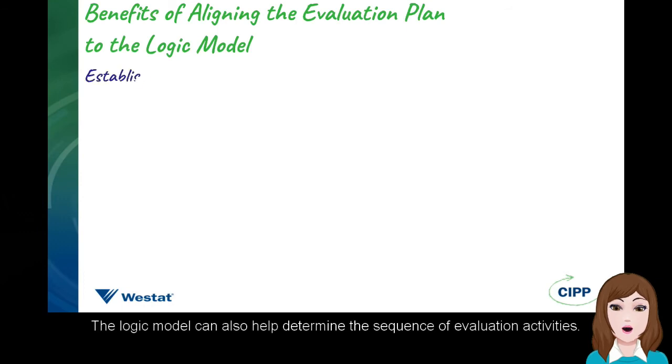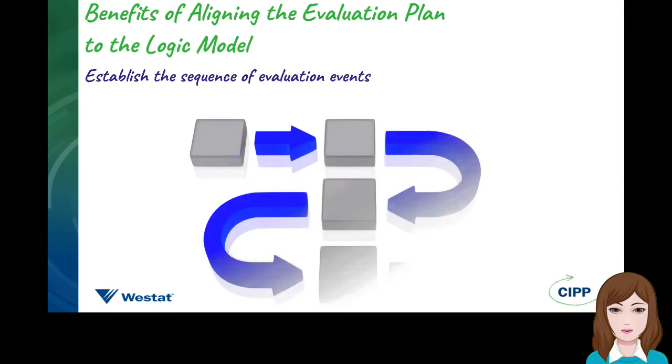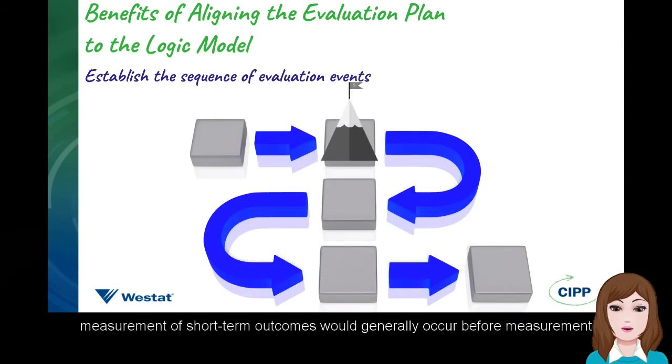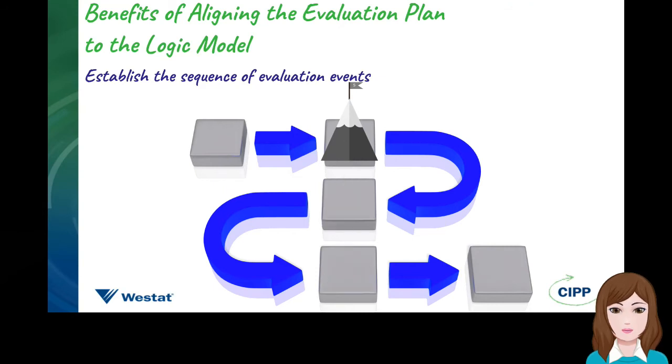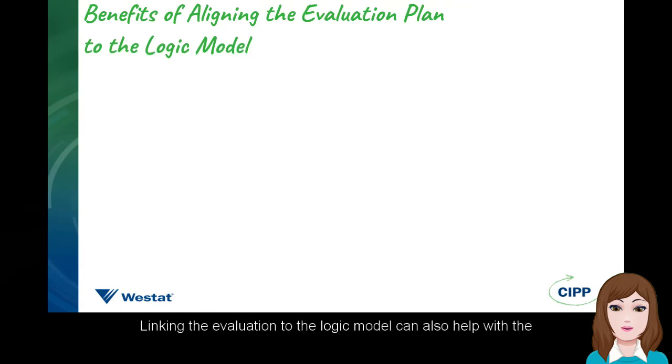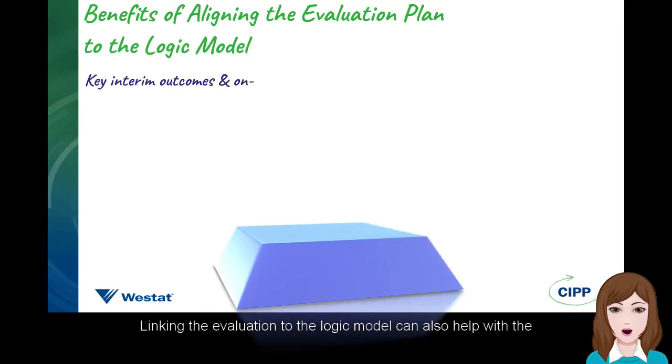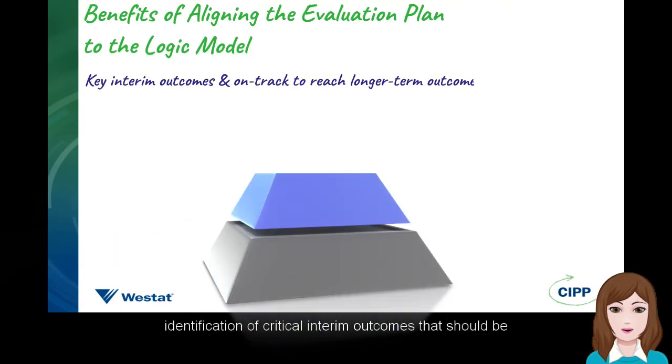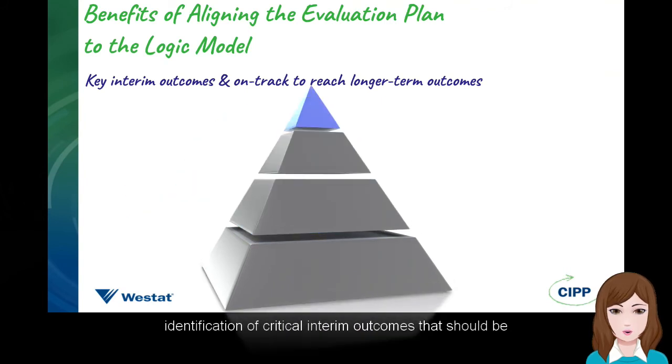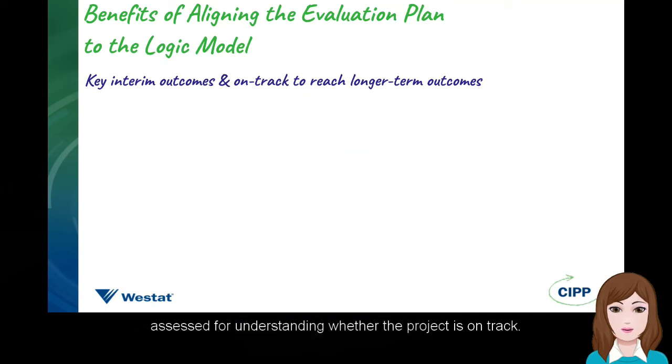The logic model can also help determine the sequence of evaluation activities. For example, measurement of short-term outcomes would generally occur before measurement of longer-term outcomes. Linking the evaluation to the logic model can also help with the identification of critical interim outcomes that should be assessed for understanding whether the project is on track.